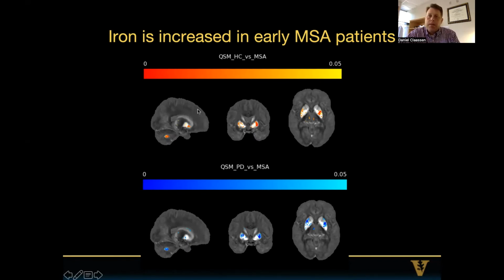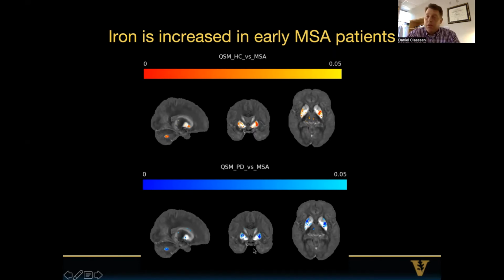And so in a patient that has MSA versus patients who do not have MSA or control comparator groups, you can see that MSA patients have higher iron in the cerebellum, higher iron in the putamen, and higher iron in the globus pallidus. And that's been a very interesting finding for us as we've gone to try and explore some of the features that make MSA different from Parkinson's.